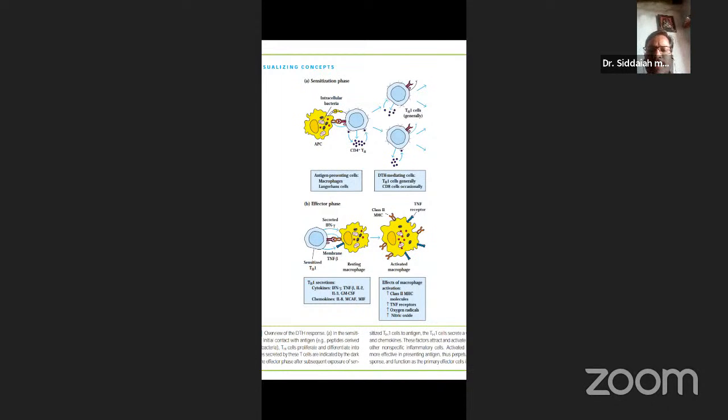These cytokines and different chemical substances go and bind to the macrophages, and these substances activate the macrophage.